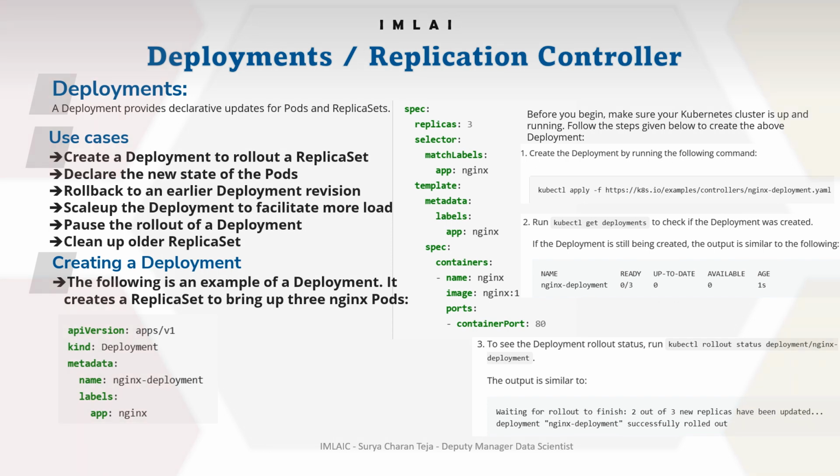You can clean up the old replica sets also. Basically we will have flexibility to handle, because if you directly handle a pod, it's not that easy. If you handle it with the deployment, the deployment can easily tackle both the replica sets and pod objects in our Kubernetes.